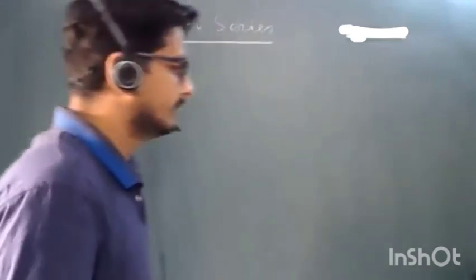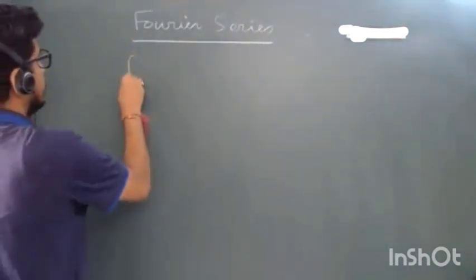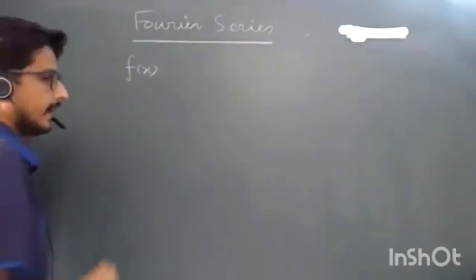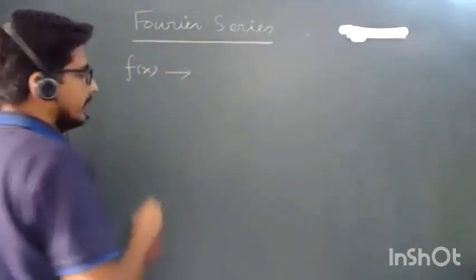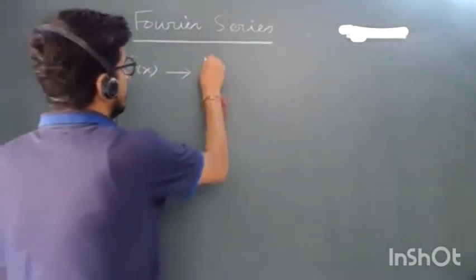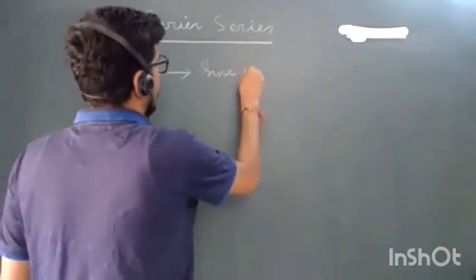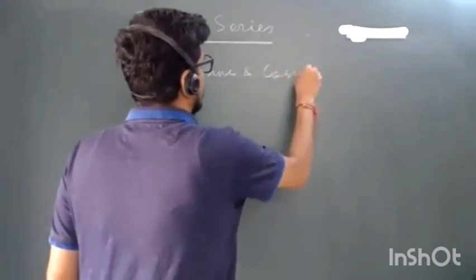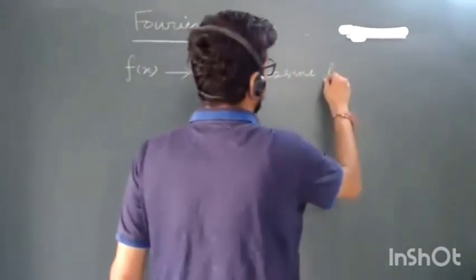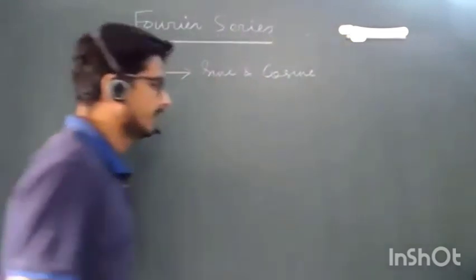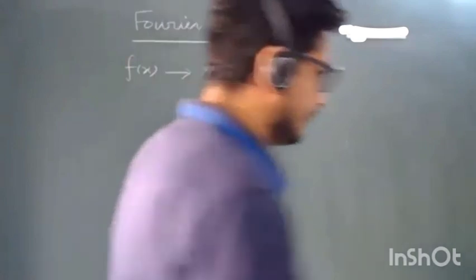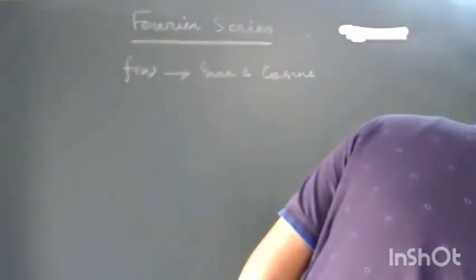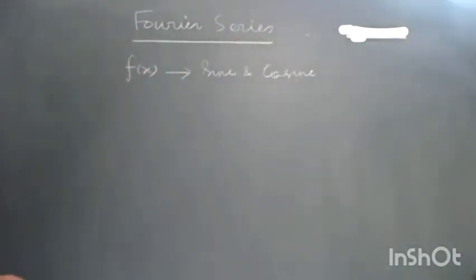In Fourier series, you will have a function f(x), and that function is to be written in the form of sine and cosine functions. Okay, so in Fourier series, we have to write the function in the form of sine and cosine functions.